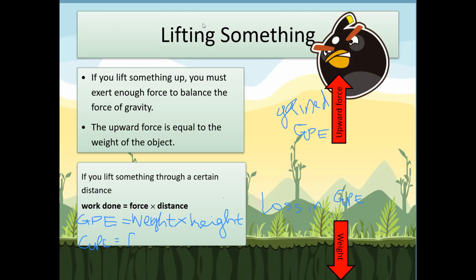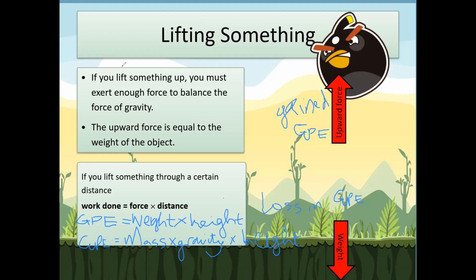Weight is mass times gravity. So therefore, you have mass times gravity representing weight, and then you have your height. So mass times gravity, and then times the height, okay? So this is basically the simplest formula for GPE. Mass times gravity times height.